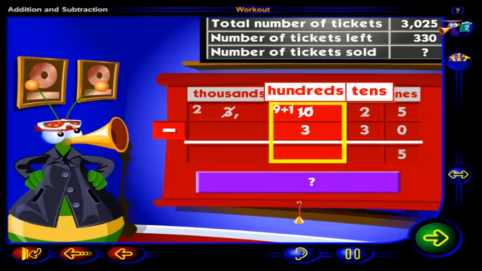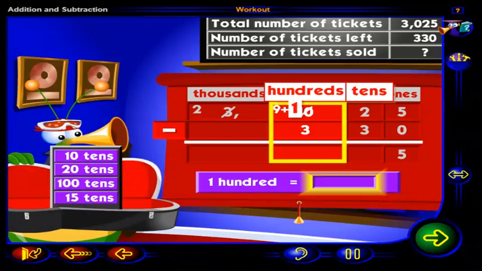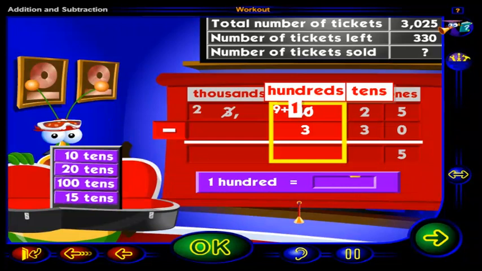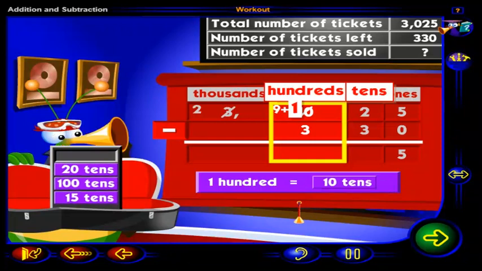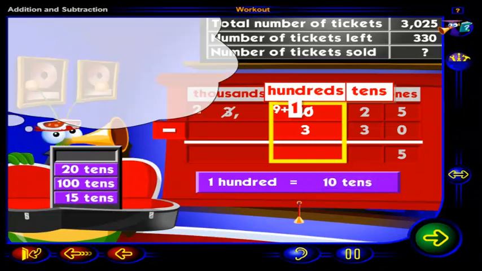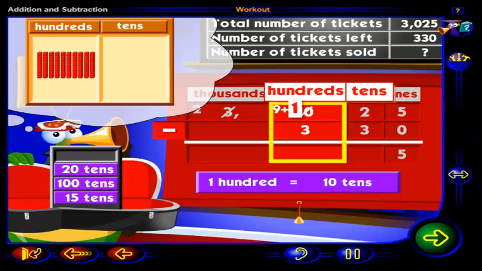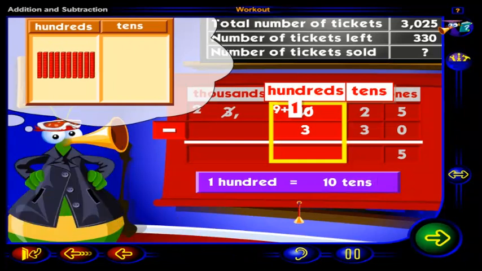How many tens are in 100? Drag your answer here, and when you're done, click OK. That's right. There are 10 tens in 100.